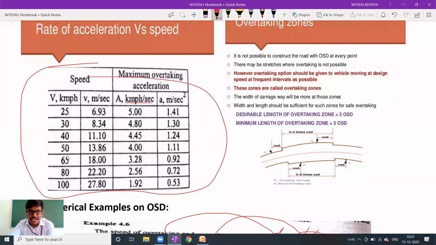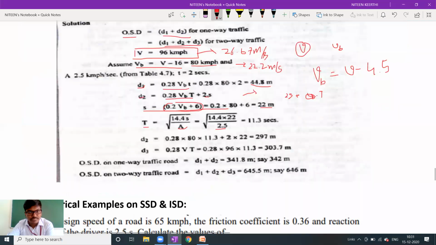What is the speed given there? 80, right? So for 80 kmph, it is 2.56, which I have taken. So 14.4.